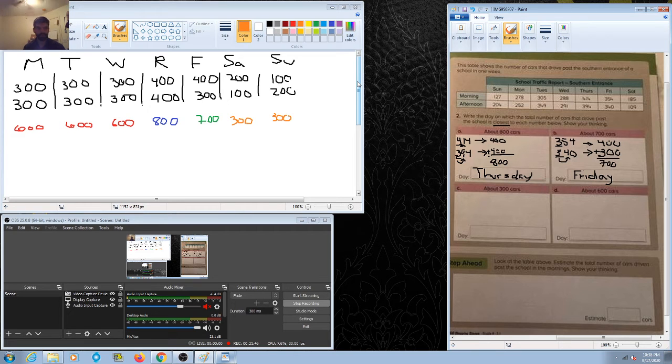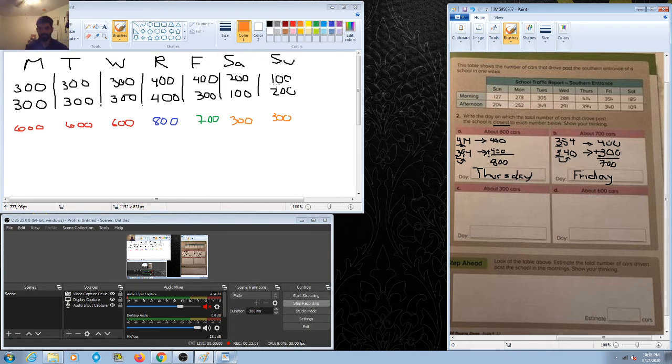Now it gets a little trickier because if we look at C, it's about 300 cars. Well, there's 2 days where 300 cars are estimated at the nearest hundred, but we need to choose the day that is the closest. So we have to look at Saturday and Sunday in a more detailed place value.